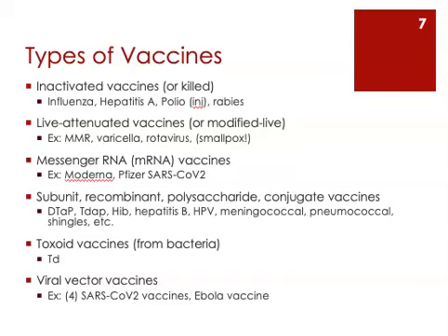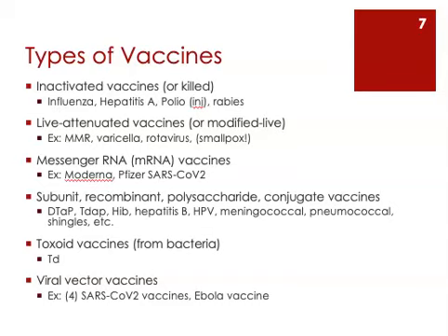The Haemophilus influenza or the Hib vaccine is a subunit vaccine. HPV falls into that category. Meningococcal vaccines, pneumococcal vaccines, the shingles vaccine, those are all subunit vaccines.